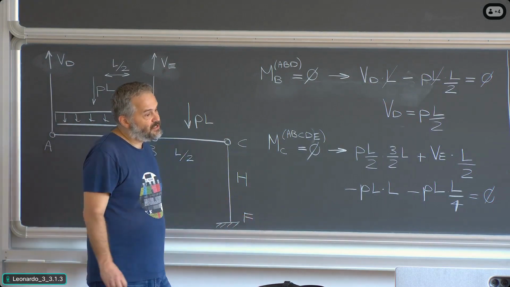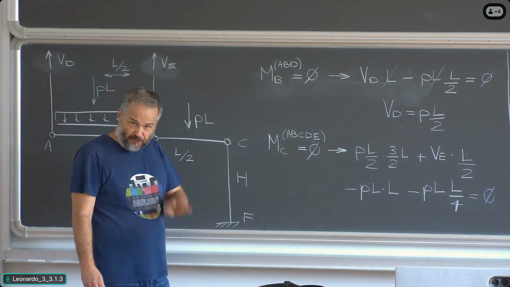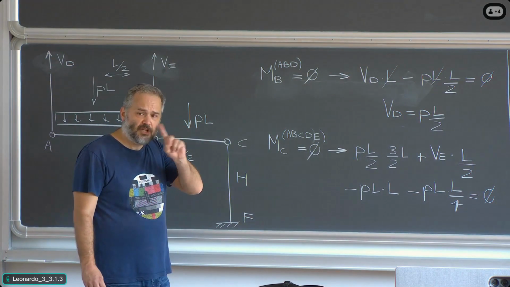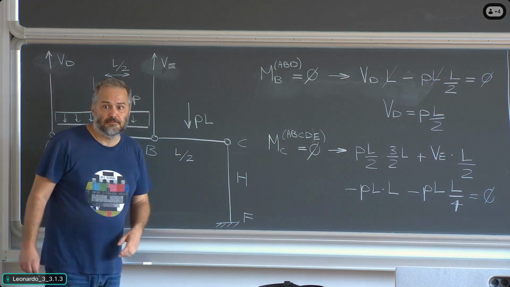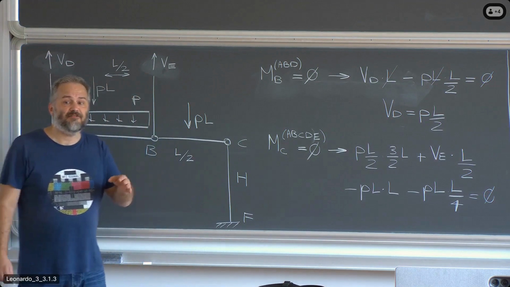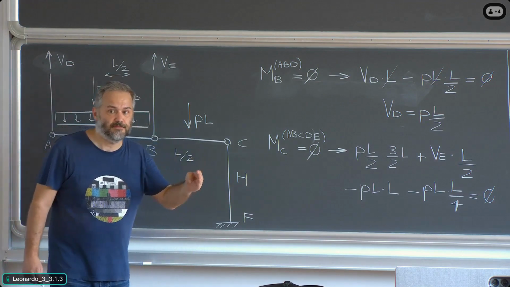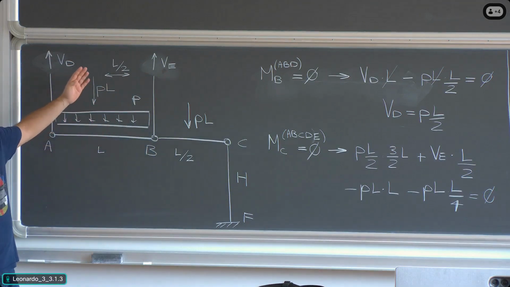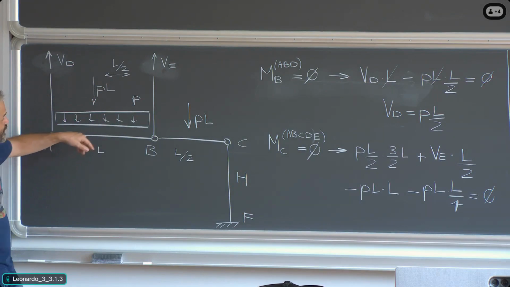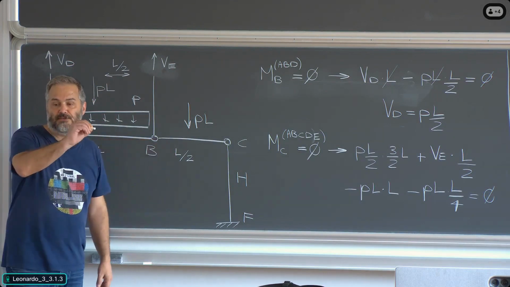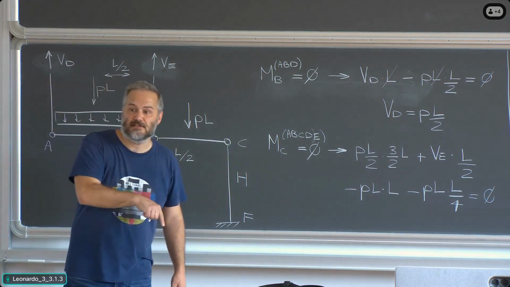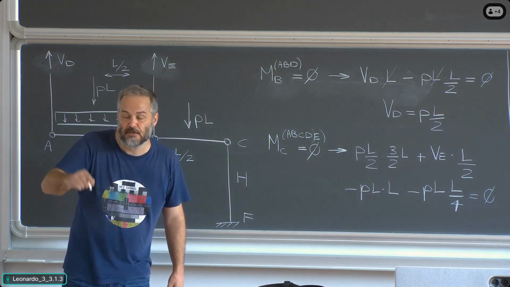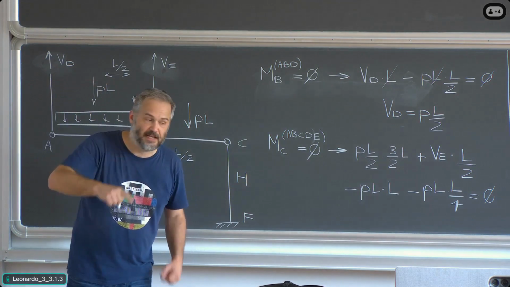So that would lead us with 3 equations with 4 unknowns. Not convenient. In order to solve it in this way, I have to add other considerations. Whenever you have truss members, it is always wise to start from them and exploit as much as possible points where you know the bending moment is 0, like hinges, rollers, things like that.